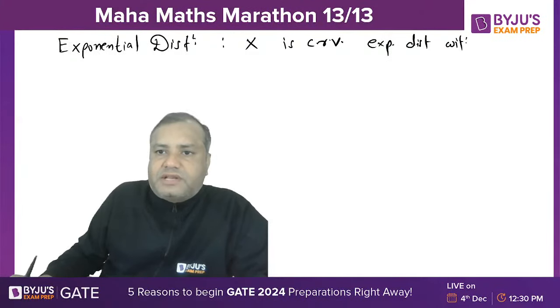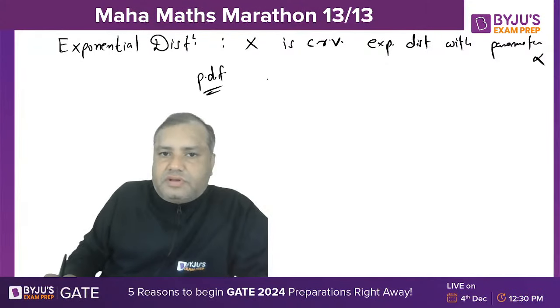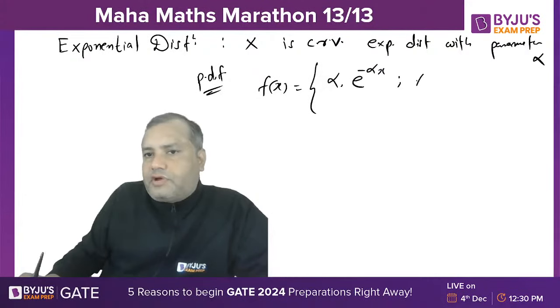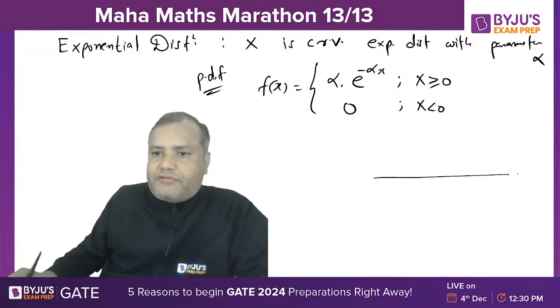When exponentially distributed is given, the parameter should be mentioned, so with parameter alpha. The probability density function PDF is f of x equal to alpha times e raised to minus alpha x for x greater than or equal to 0, and for x less than 0 it should be 0. The graph will look like an exponential decay.